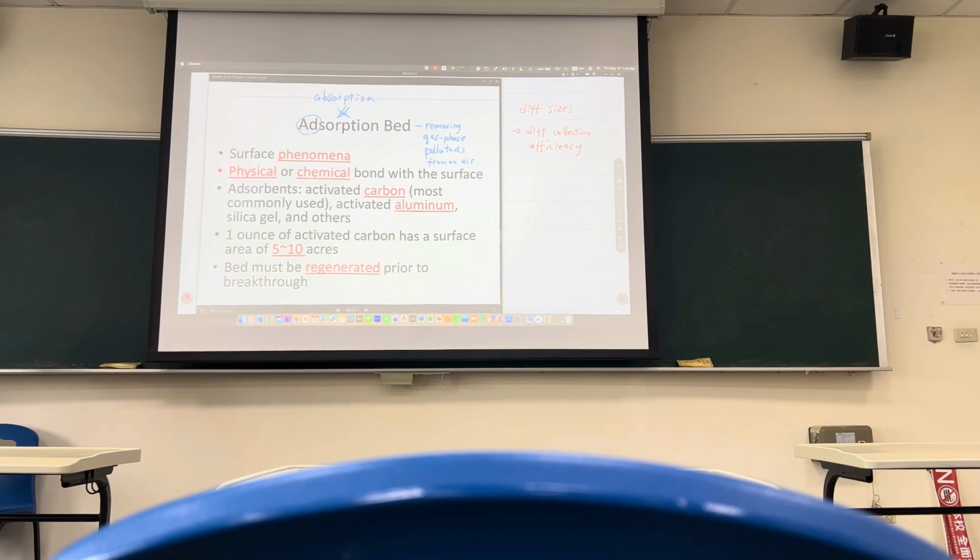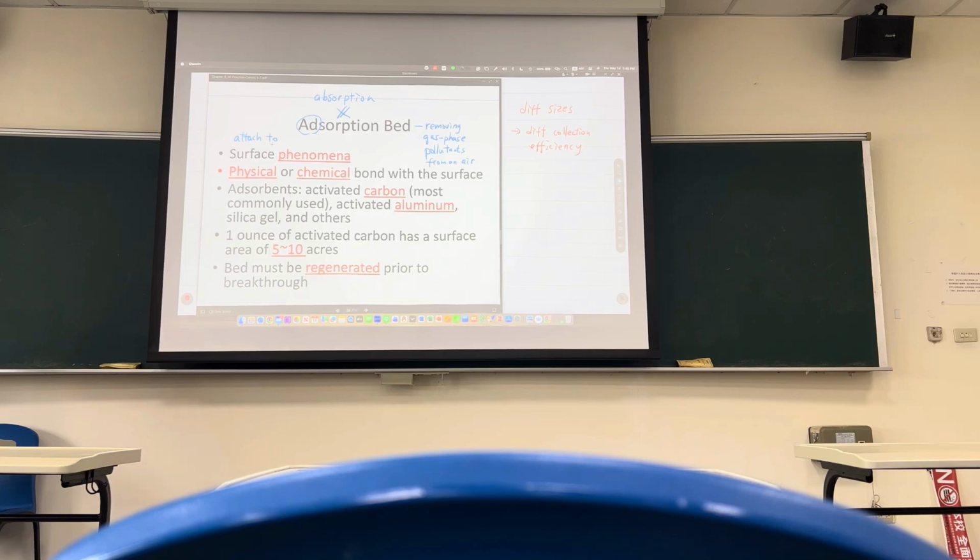These two words are different. One is adsorption, the other is absorption. Adsorption is a surface phenomenon, which means the pollutant molecules do not go deep inside. They just attach to the surface, or stick on the surface.